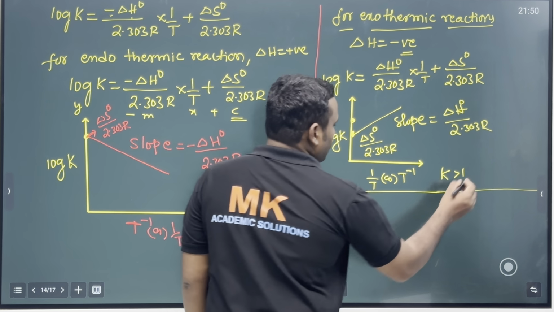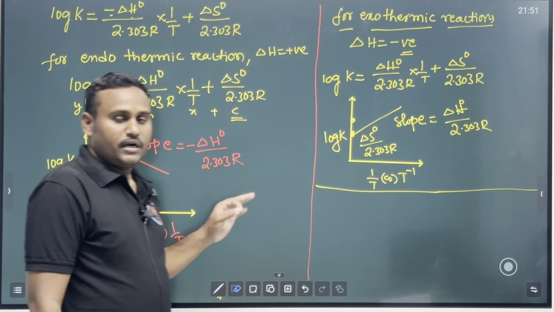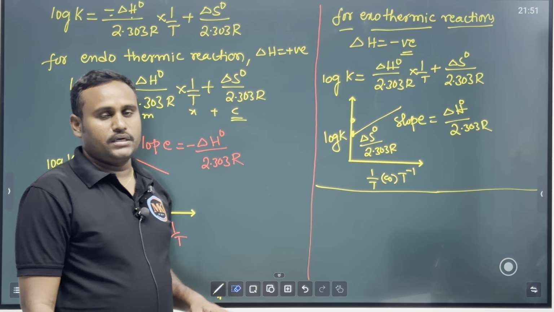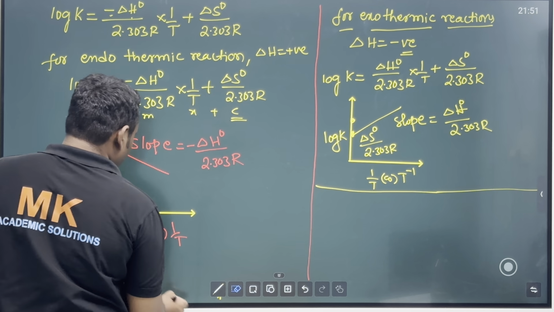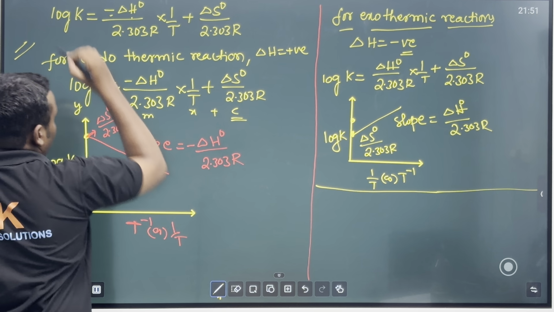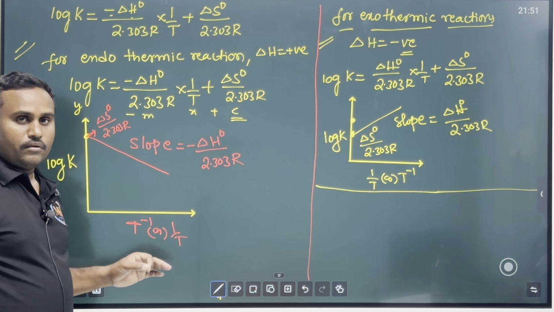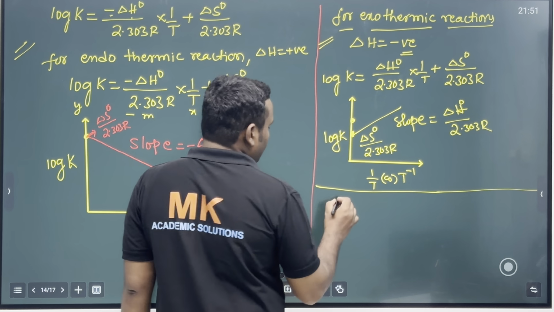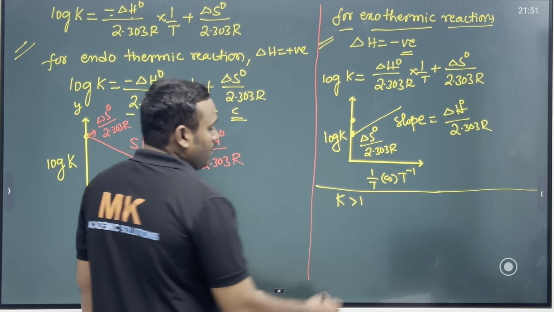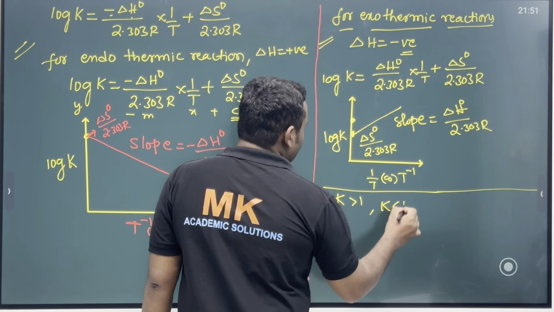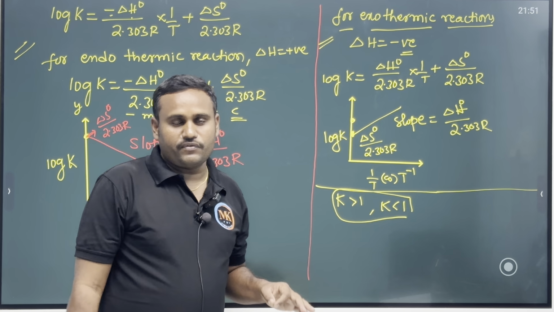So this is the thermodynamic relation and temperature dependence of equilibrium constant. This is about the endothermic reactions and this is for the exothermic reactions. Here K is greater than 1 and K is less than 1. I will explain these while explaining the applications of equilibrium constant.